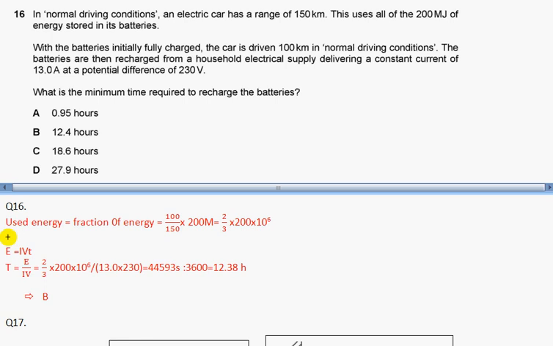Electrical energy is IVT, so T equals E over IV. So we put in this energy and divide by current and by voltage. We get seconds, we divide by 3600, we get hours. Here we get 12.4, so the answer is B.